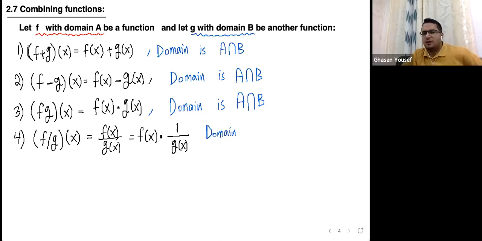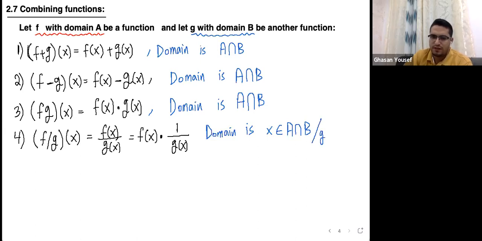So the domain here is any x belonging to A intersect B, but we have to remove the zeros of the function g of x, because g of x is the function in the denominator. The denominator cannot equal 0. Any questions for the four rules, from 1 to 4?